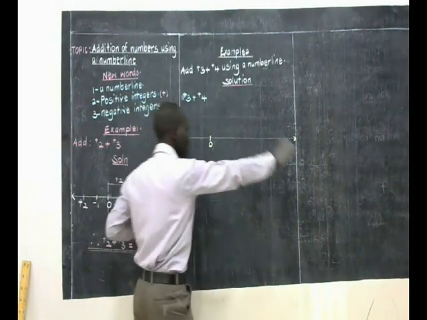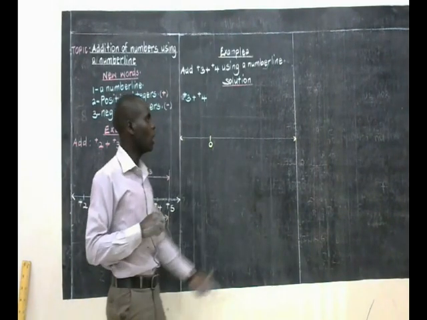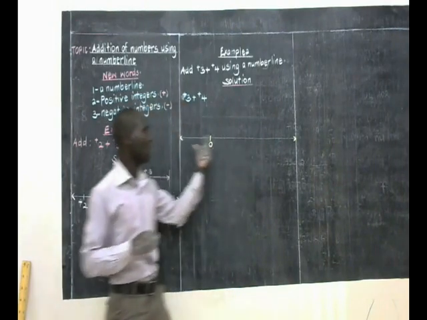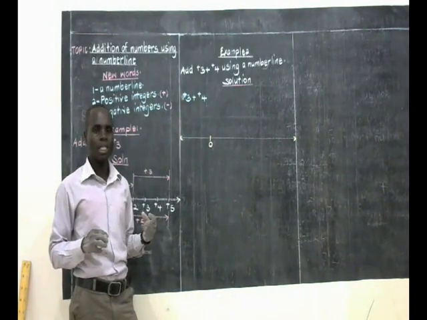We said on the right hand side, we have what called the positive integers, and on the left hand side, we have what called negative integers.